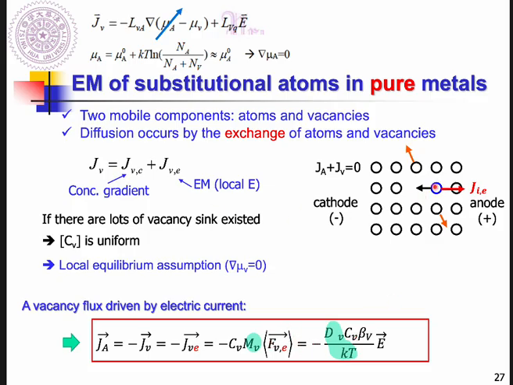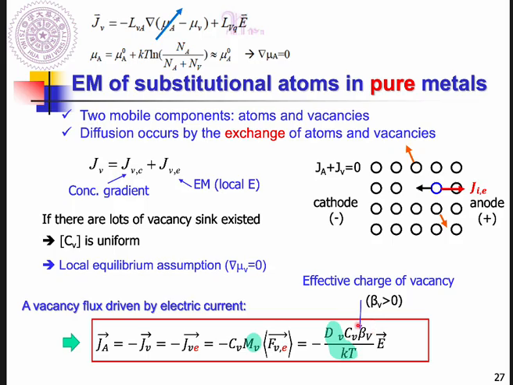Because the driving force that really drives the vacancy flux is some kind of EM, right? It's the electrons flow. So here also the same idea as the prior case. We use beta V E, and beta here we label with V for vacancy. It's not the metal ion. The moving direction for vacancy is opposite to the atoms, the metal ions.